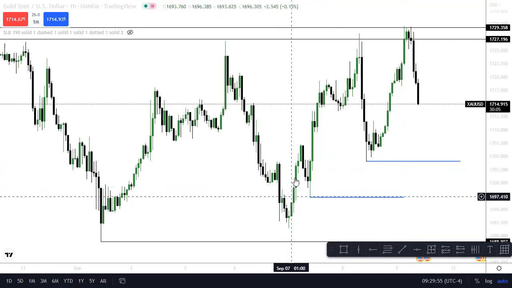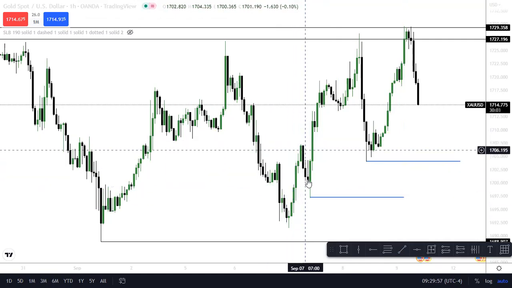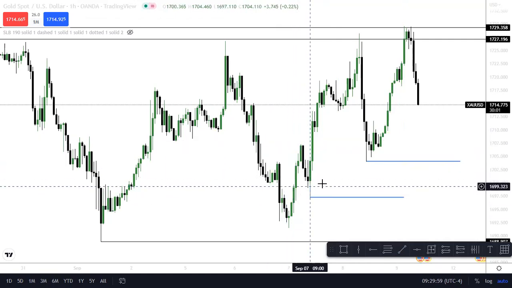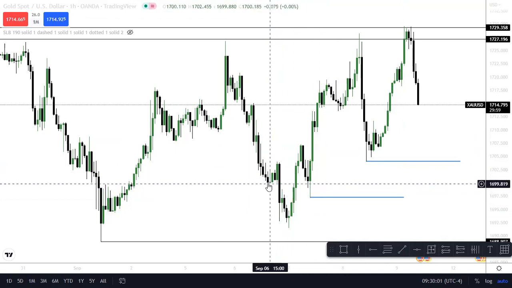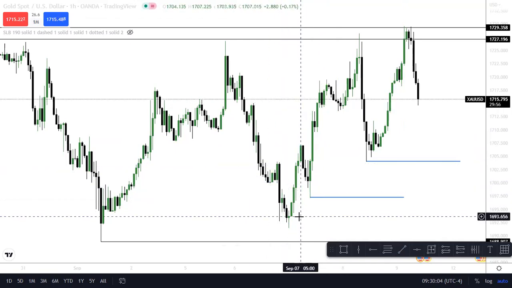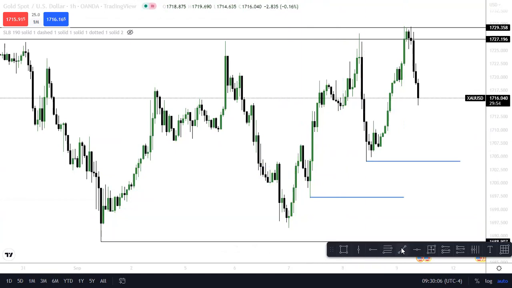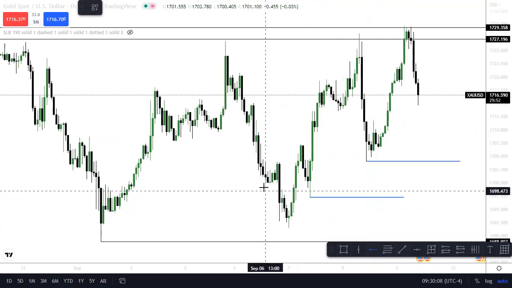Order blocks, displacement. Now here's a fun fact. If this is the low, right? Before all of this down move, this right here was the low.